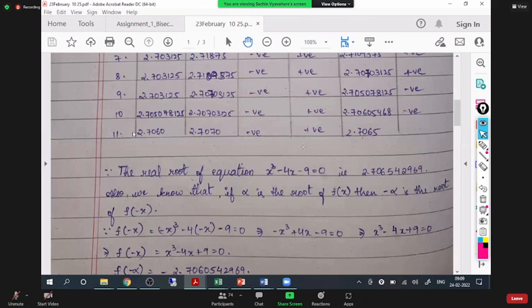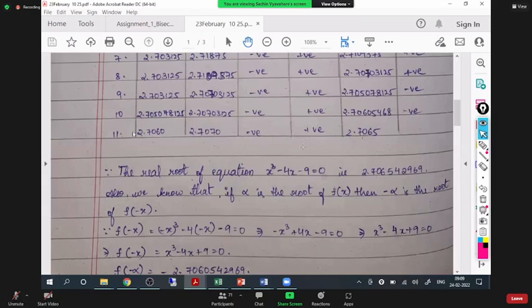Now I will tell you the variation. A few of the students got this answer probably in the 10th or 9th iteration. That's okay, but you can't say that you got it correct up to 3 decimal places in 3 or 4 iterations only. That is not possible, because the Newton-Raphson method is the only method that gives the answer in such a small number of iterations. Here we generally require a minimum of 7, 8 iterations, depending on how many decimals you are considering, and whether you are rounding up or not; that also affects the number of iterations. So the choice is yours, but the answer will be nearly unique.